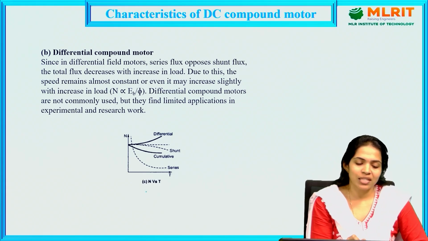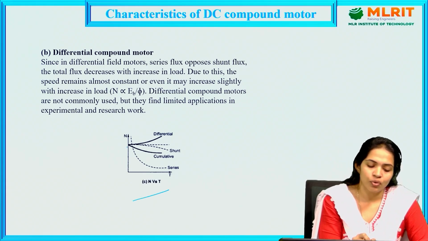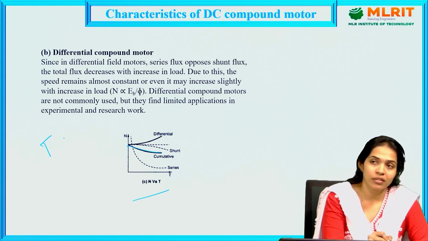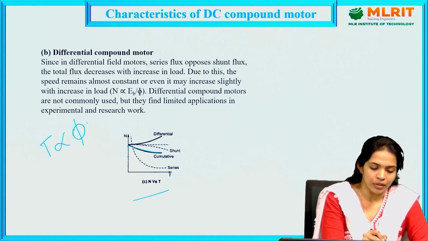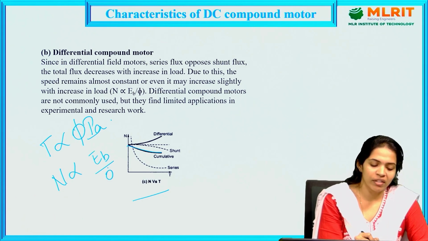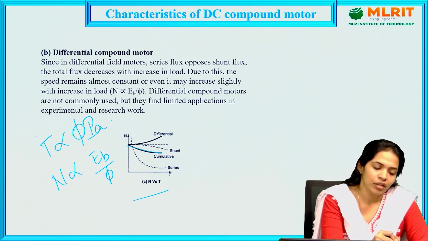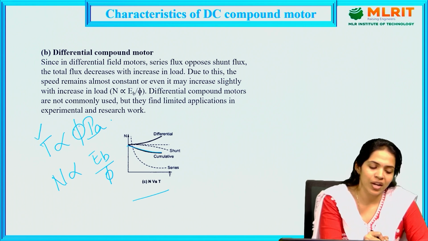Moving on to the last characteristics, that is the speed versus torque. So from the two relations again, speed is Eb by phi. From these two relations, we can see that as torque increases, the resultant flux for a cumulative compound machine is high.